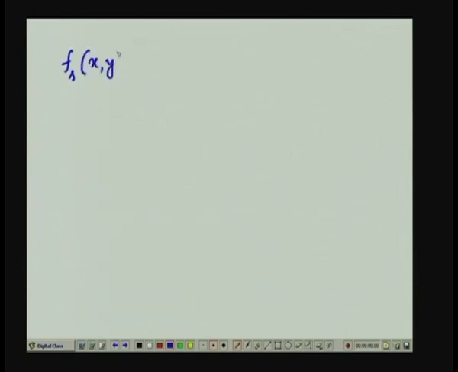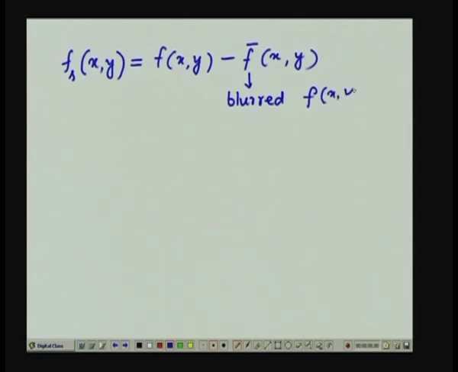If I represent it by f_s as the sharpened image, then this was obtained by subtracting f(x,y) and f bar(x,y).